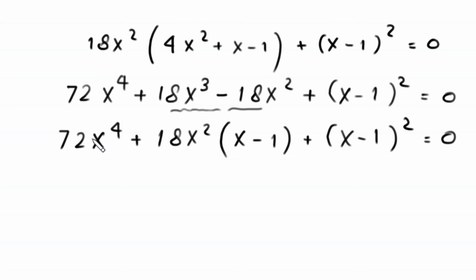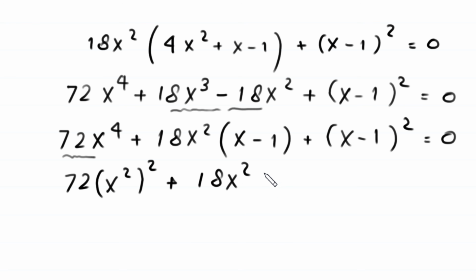Now we can rewrite this 72x to the power 4 as 72 times x squared whole squared, plus 18x squared times x minus 1, plus x minus 1 whole squared equal to 0.